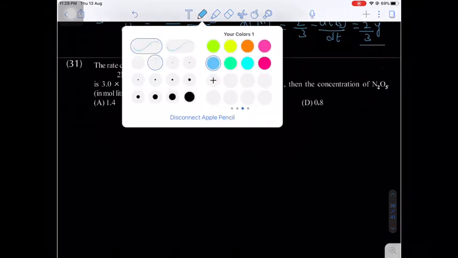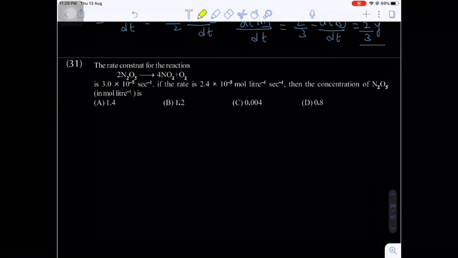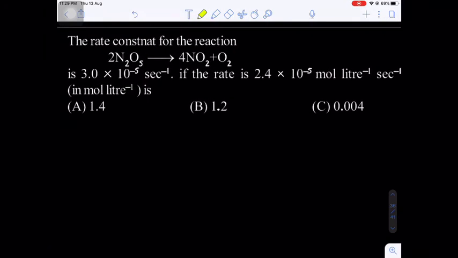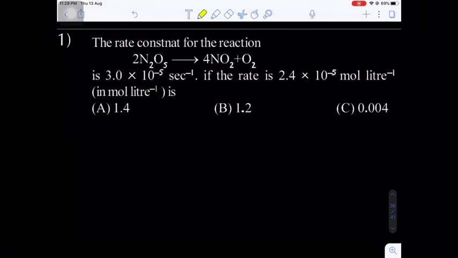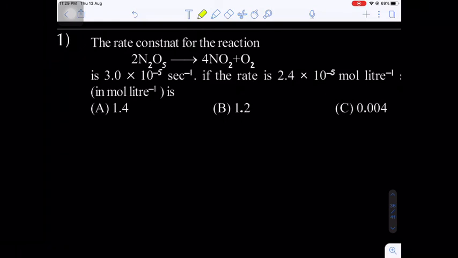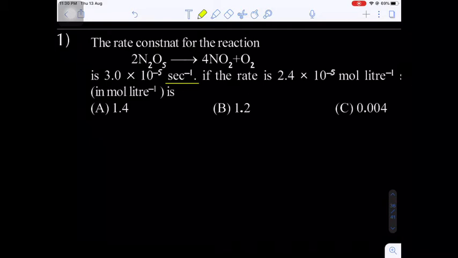Now come to question number 31. N2O5 gives 4NO2 plus O2. The rate constant value given here is 3.0 into 10 raised to minus 5 second inverse.